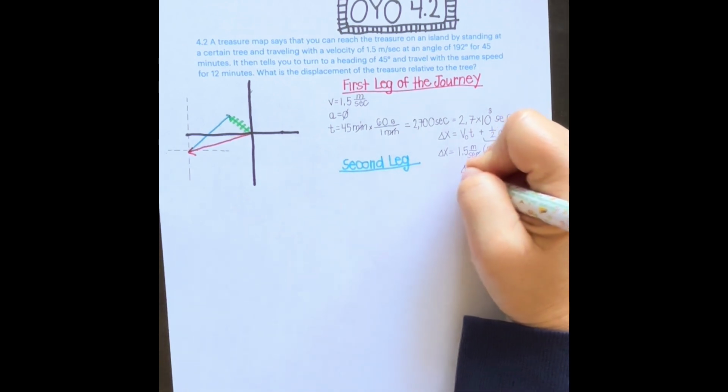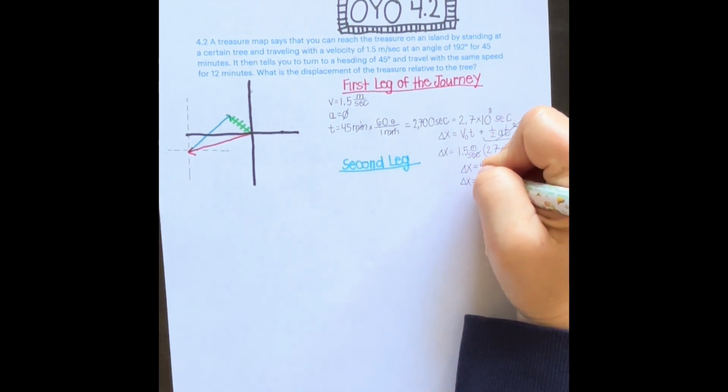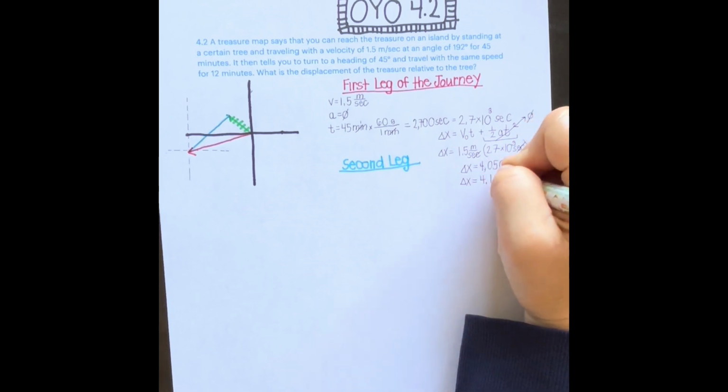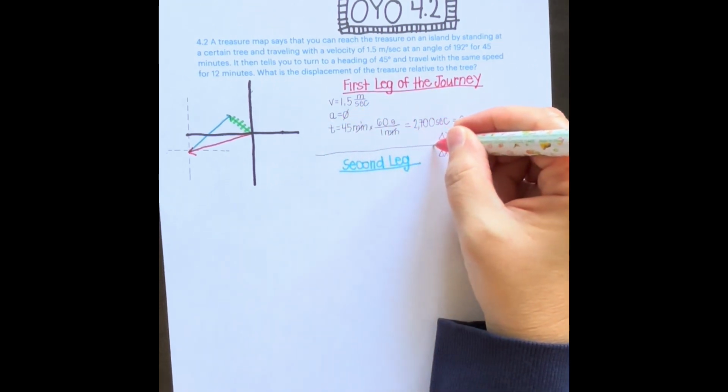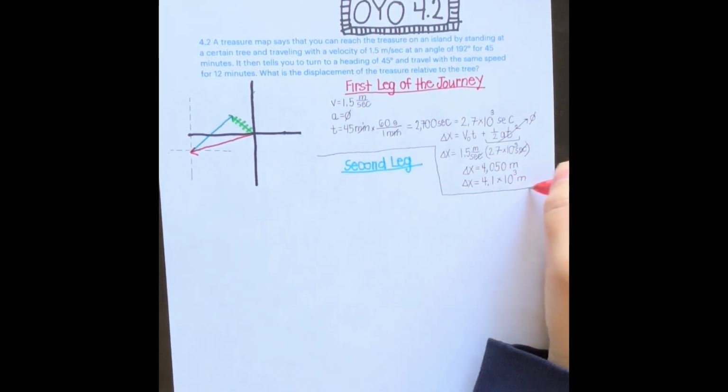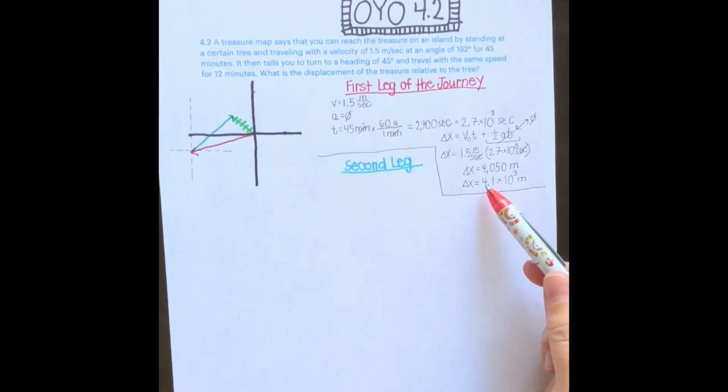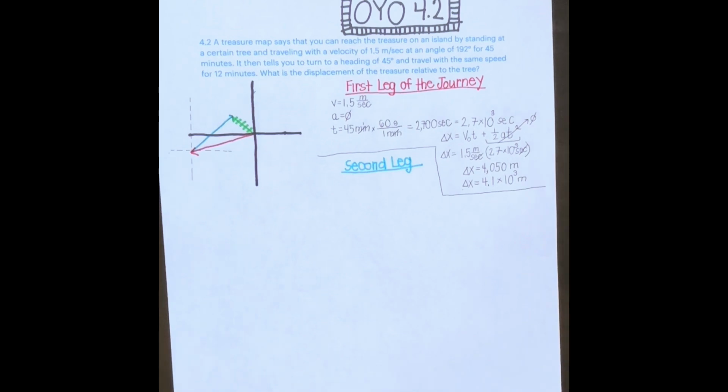So we have to round that to 2, and we get delta x equals 4.1 times 10 to the 3rd meters. So for the first leg of our treasure hunt, our displacement is 4.1 times 10 to the 3rd meters.